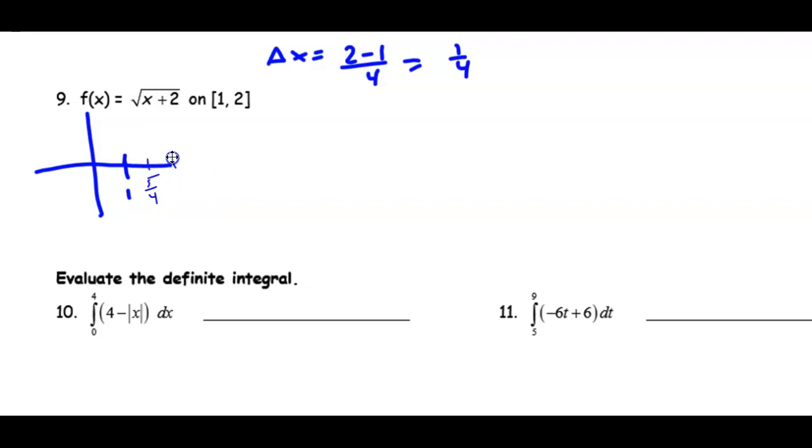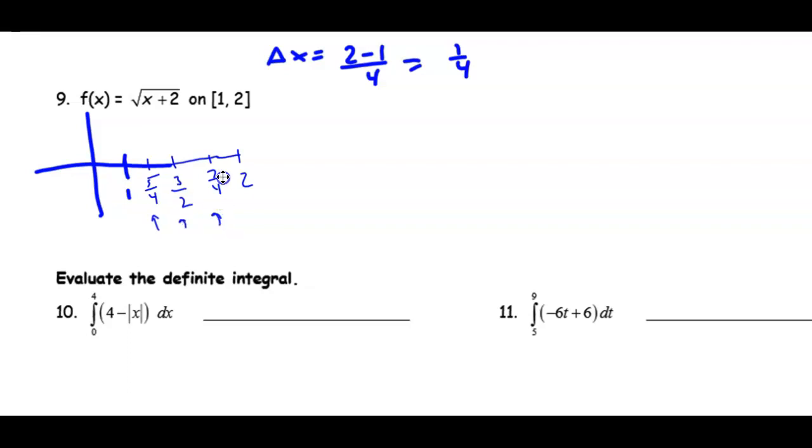This is 3/2 right here. And then we're going to add 1/4 to that. 7/4. And then you add 1/4 to that is 8/4 or 2, like that. All right. So these are the values, max values: 5/4, 3/2, 7/4.